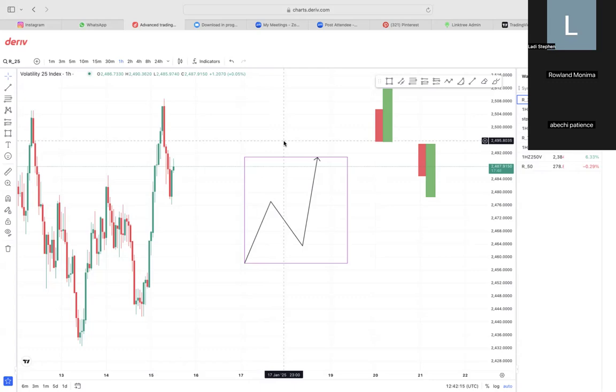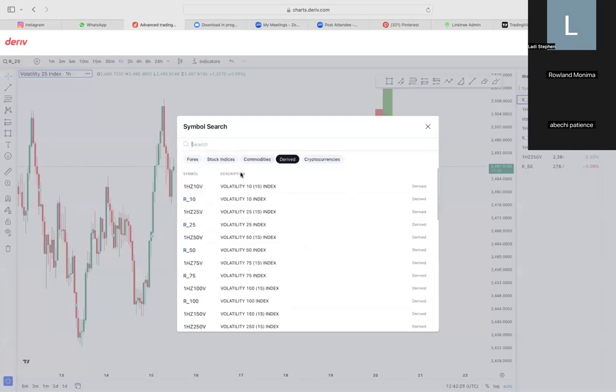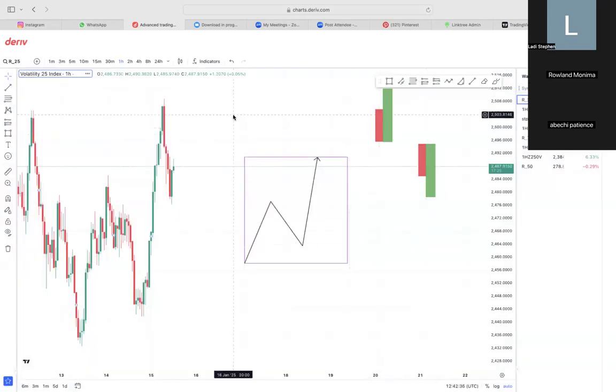And then when you go to your charts, look at one instrument, look at volatility 25, look at 75, all of them. Check them out. Do the structure on one, do the structure on another one. There are different time frames. Try to spend as much time as you can on this thing.